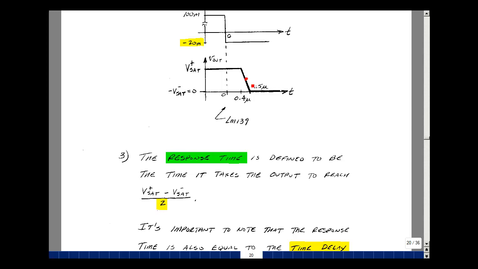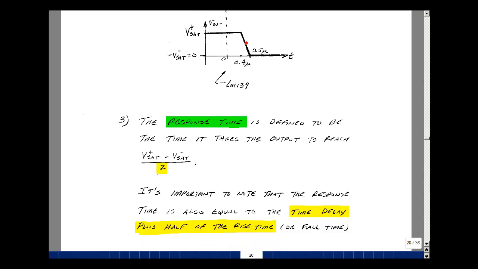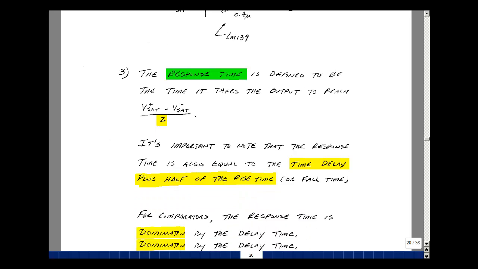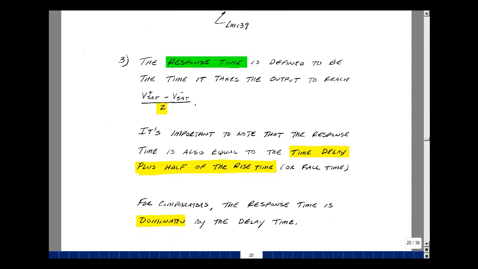But this response time is really made up of a time delay, which is the time it takes to drop 10%, and then half of the fall time. And the fall time is going from 90% to 10%. So it's a combination of things we would talk about with digital circuits of time delays and rise and fall time. But in any case, the response time is dominated by the delay time.